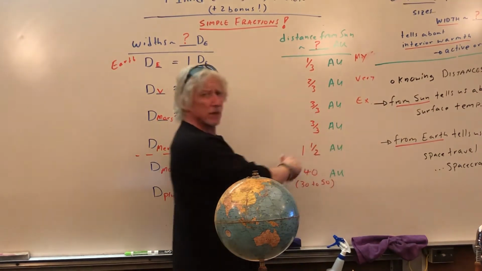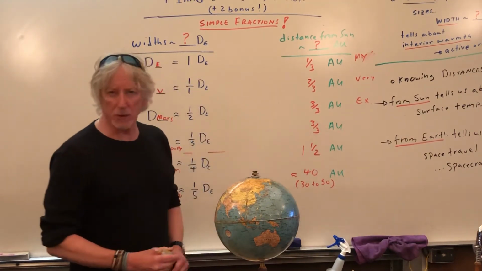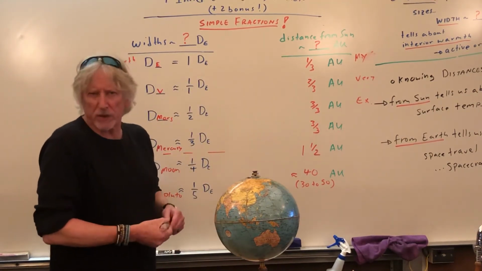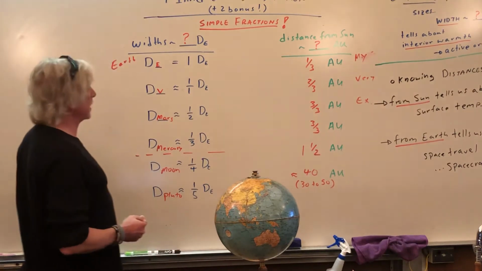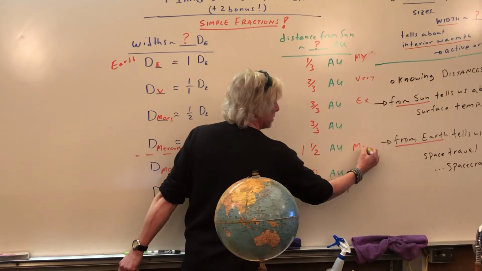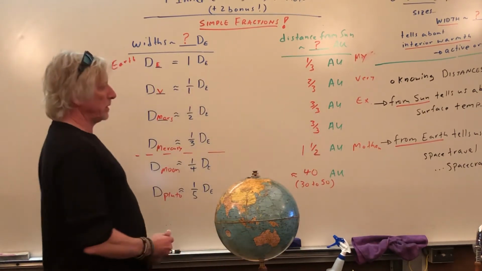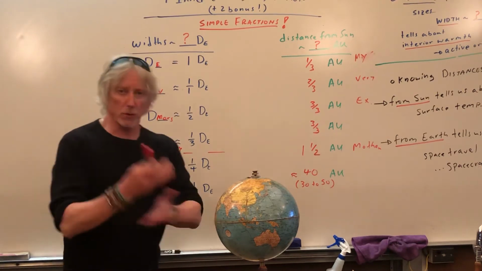Is Mars right at the same distance from sun? No. Who's the same distance from sun as Earth, effectively? Yeah, you know what that is. So, mother, and you can figure out who the other one is. So, how do we connect those?